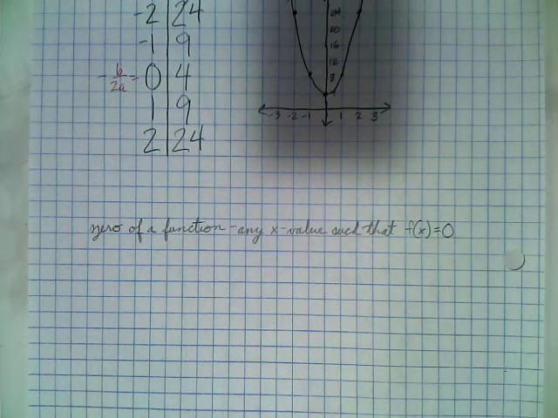So basically it's any x value that produces a result of 0. Hence its name, a zero of the function. It makes it 0. And we find these sometimes by graphing.